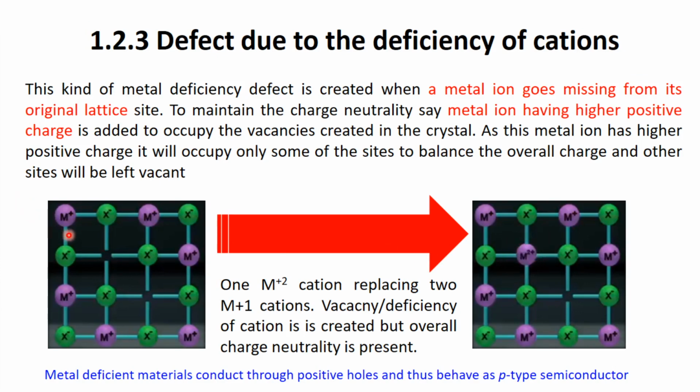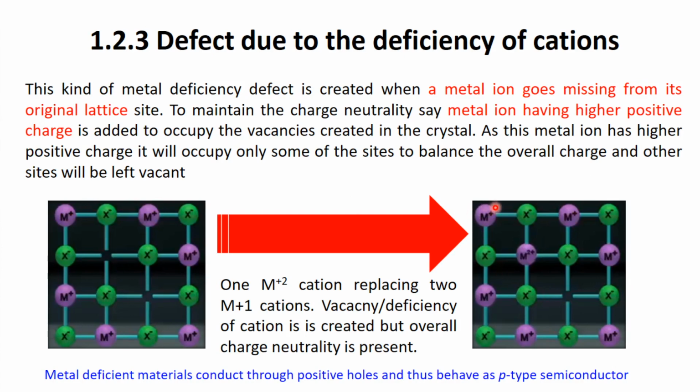The original sample has cations with charge M plus 1. So one M plus 2 cation is replacing two M plus 1 cations. As this metal ion has higher positive charge, it will occupy only some of the sites. So it is occupying only one site to balance the overall charge, and the other site will be left vacant.